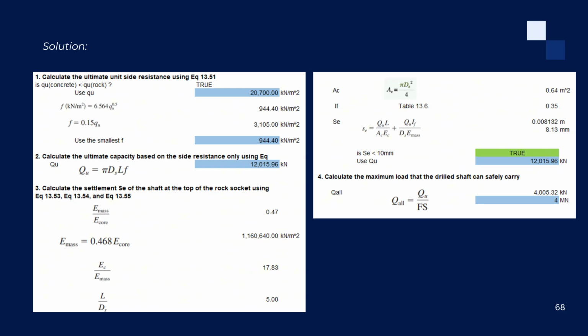Compute SE is equals to QU times L over AC times EC plus EQ times IF over ds times E mass. Step 4. Calculate the maximum load that the drill shaft can safely carry. Q all is equals to QU over Fs.